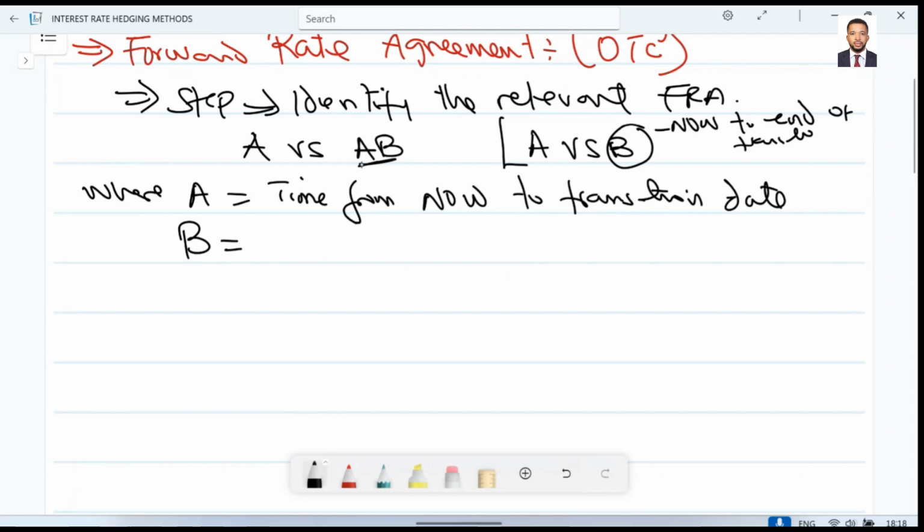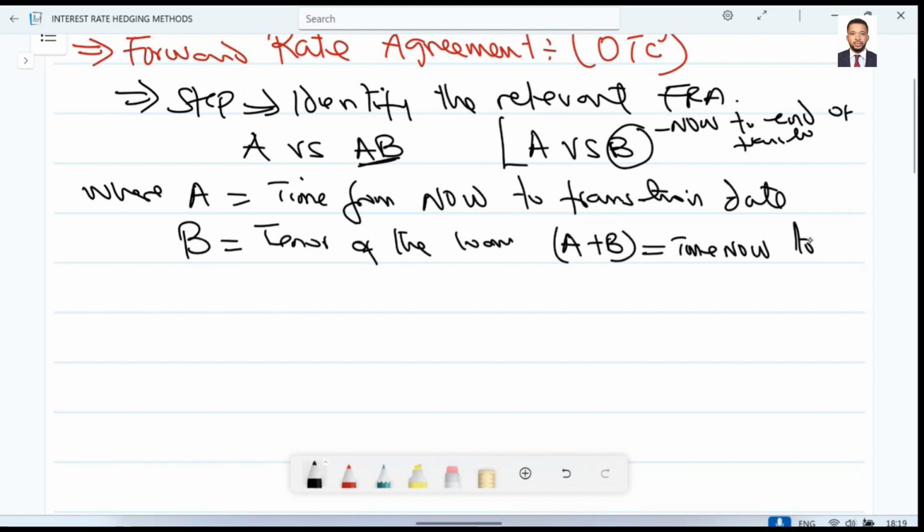If you are using A plus B, B is simply the tenor of the loan. So A plus B will now be the time from now up to the end. I don't know if you understand what I'm saying. It all depends on what you're looking at, either A versus B or A versus AB. They are saying the same thing. So that's the first step.